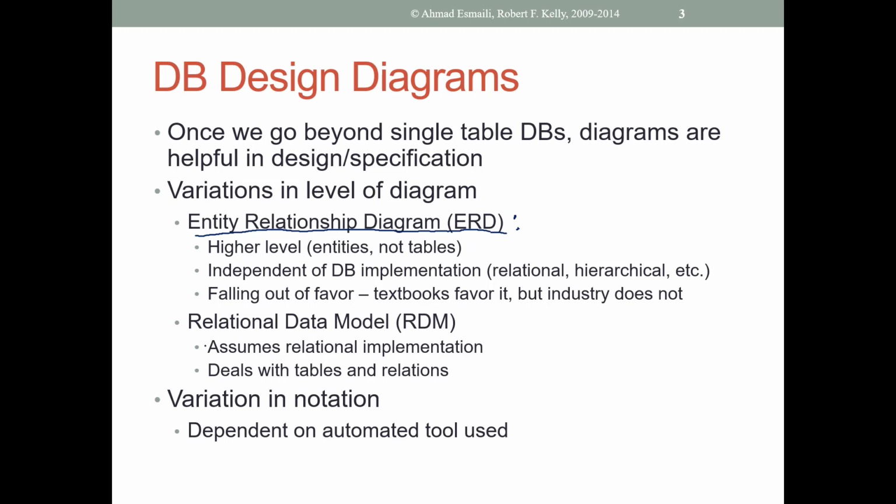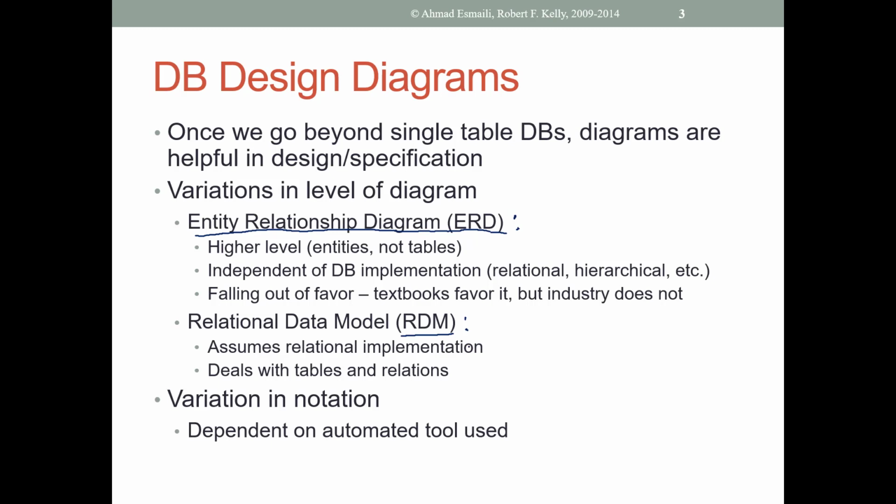Fine. So how about the other kind of data model, which is RDM? So you will be creating RDM for your project. Okay, so you should try to understand what is an RDM. So in RDM, R stands for relational, D stands for data, M stands for model. So relational data model is again a kind of diagram which we use to create the design of the database that we ultimately have to implement.